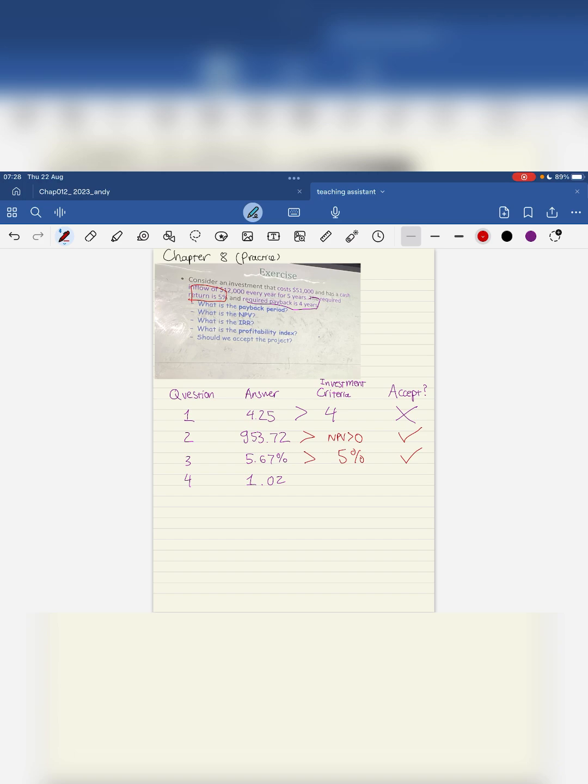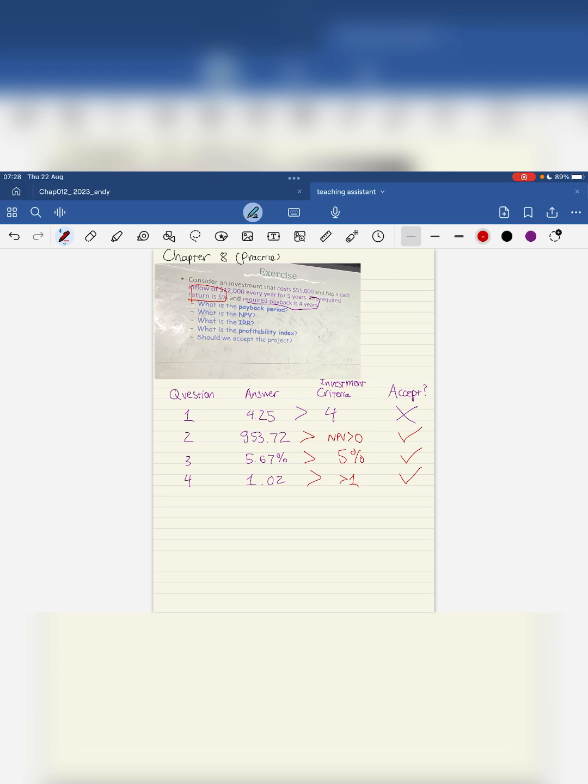Finally, profitability index in question number 4. A good profitability index is usually larger than 1. And since 1.02 is also bigger than 1, we accept the project as well.